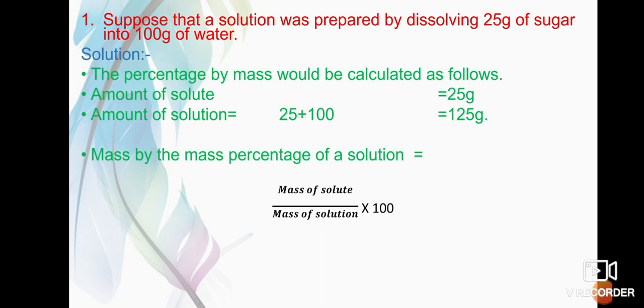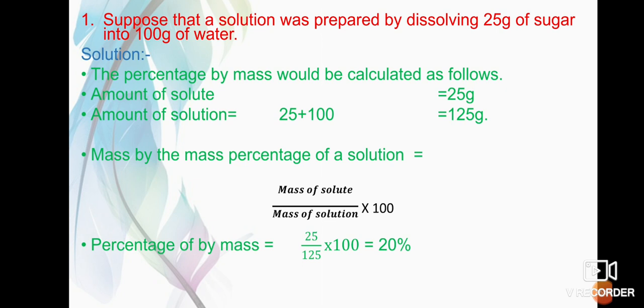By substituting the values in this formula, see, mass of solute is 25 grams, by mass of solution 125 grams, into 100. 25 ones are 25, 5 fives are 25, so 5 ones are 5, 2 fives are... that is 20% concentration for this solution. Like this we can calculate the mass by mass percentage of a solution.